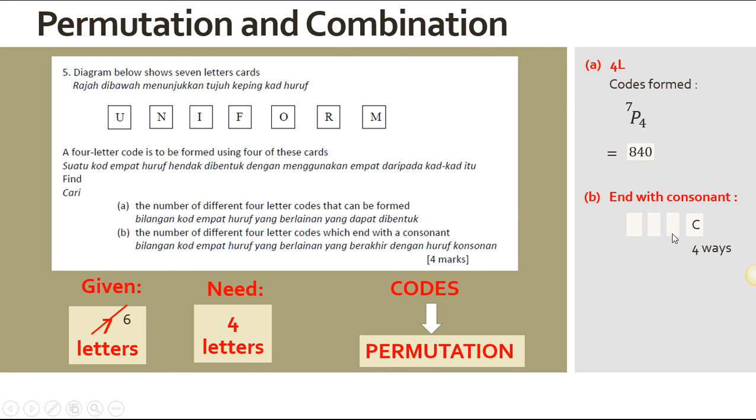With these 3 remaining places, that will be 6P3 ways of filling up these letters. Why 6P3? Because 3 letters are chosen out of the 6 letters remaining. The arrangement will be 6P3 times 4 ways, which gives you 480 codes.